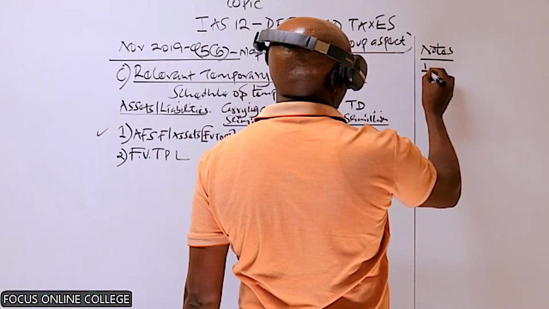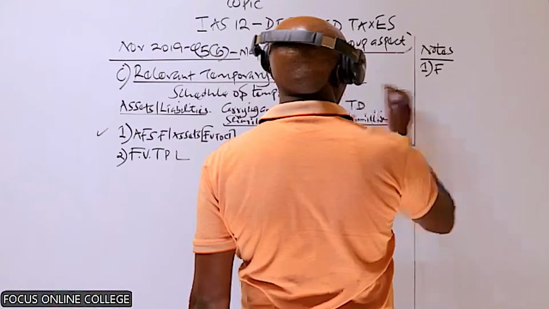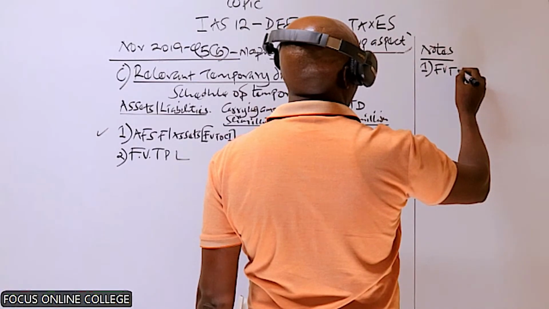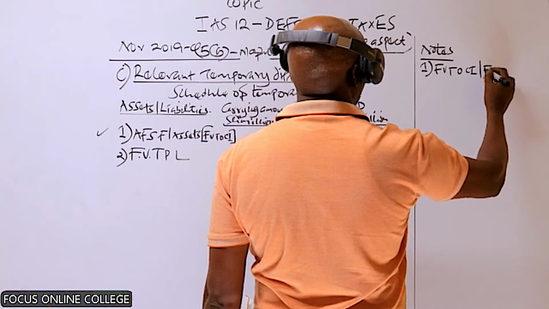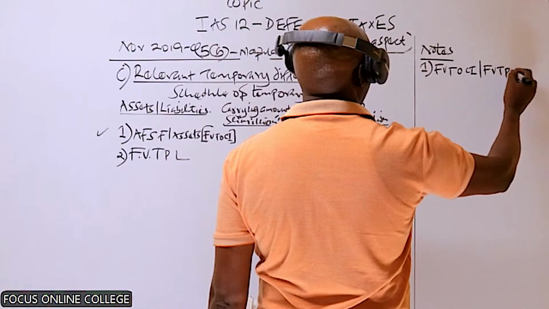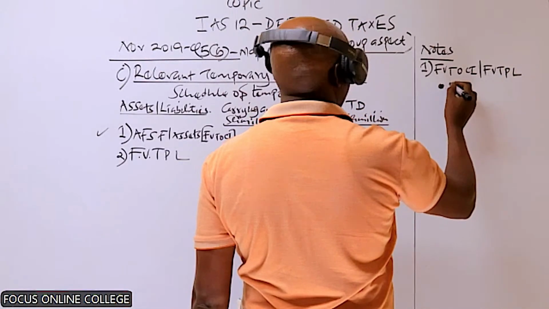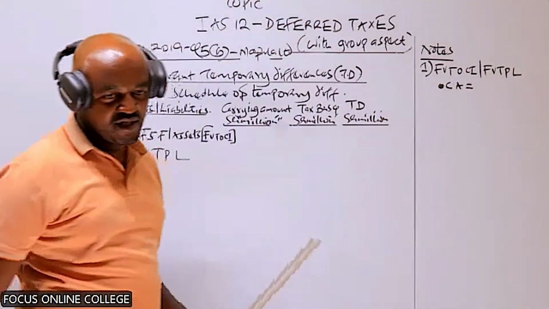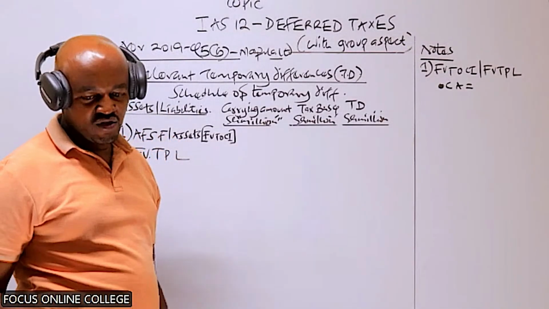So one is regarding financial assets. Mostly these two: financial assets at fair value through other comprehensive income, and financial assets at fair value through profit and loss. So what is the carrying amount? Remember, the carrying amount is the value at which these assets are recorded in the statement of financial position.